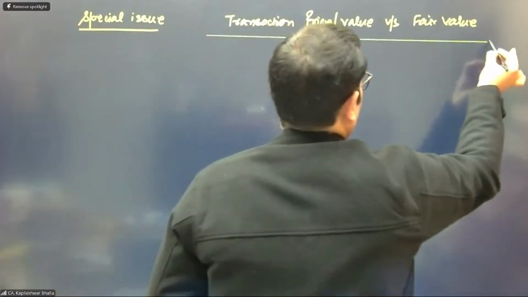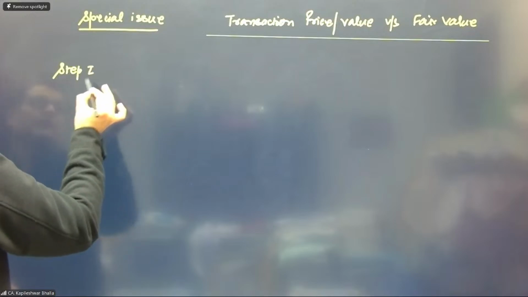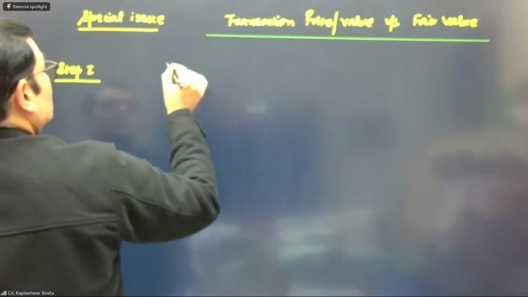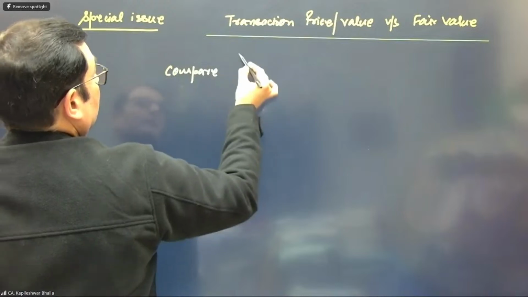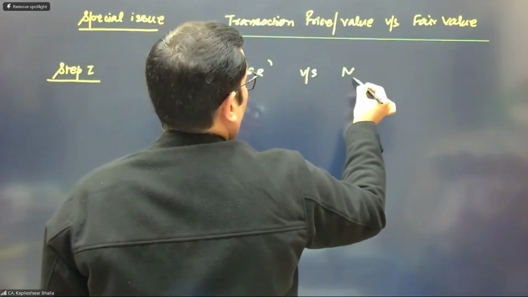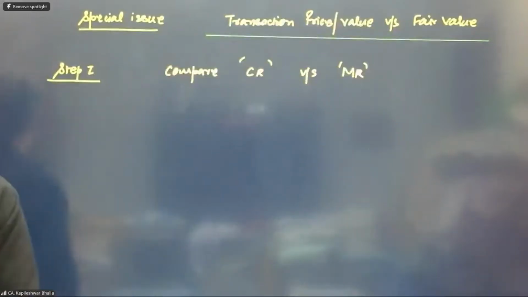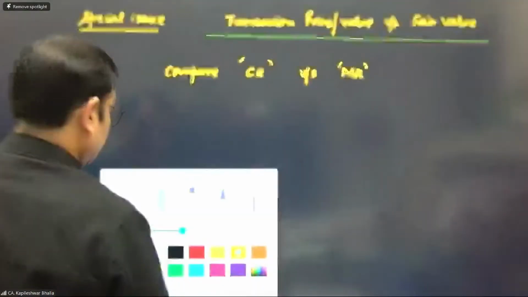So what we need to do in terms of the three-step model, we are going to first of all go to step number 1. What you need to watch out for in the question is a comparison of a CR as well as an MR. So I would put it like this, that we need to compare CR versus MR. What are CR and MR?